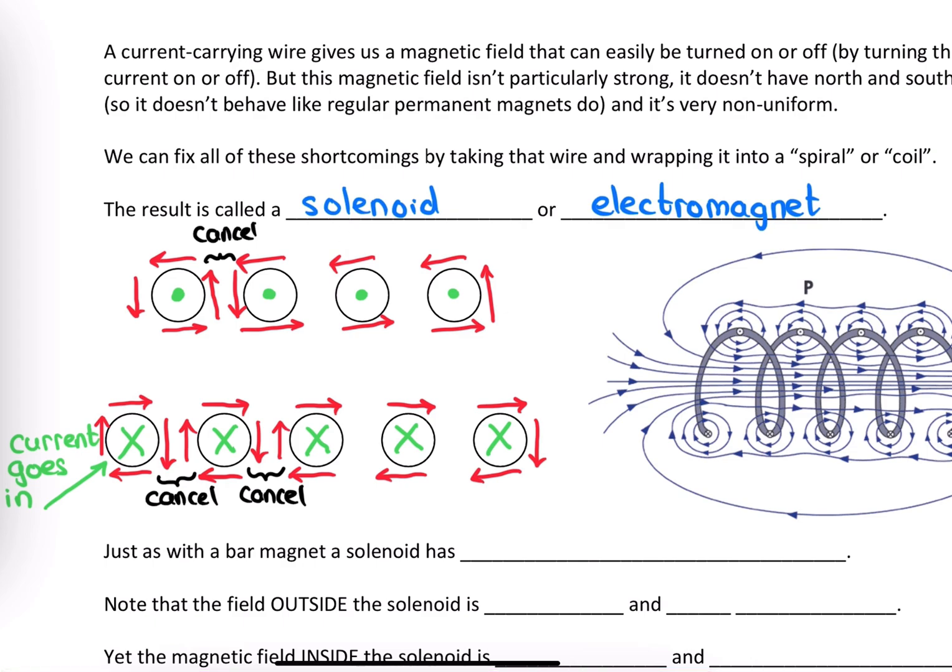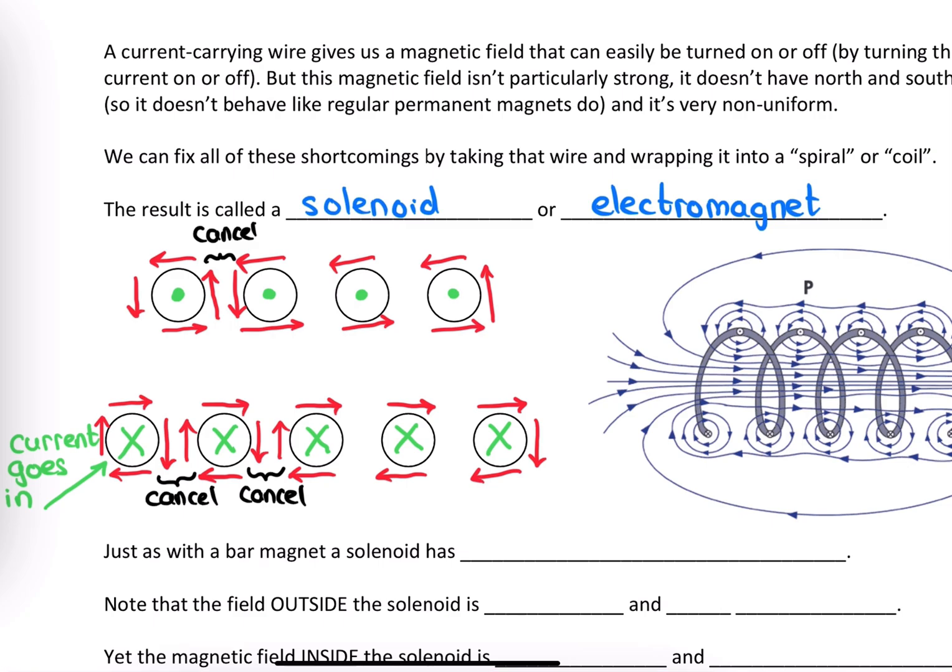Now let's look at what's happening actually inside the solenoid. Here, I've got the magnetic field created by these guys on the top, and they're all going to the right. And I've got the magnetic field created by the wires at the bottom, and they're also all going to the right. So here, instead of canceling, I've got 9 pieces of wire, all of which are trying to create a magnetic field going to the right.